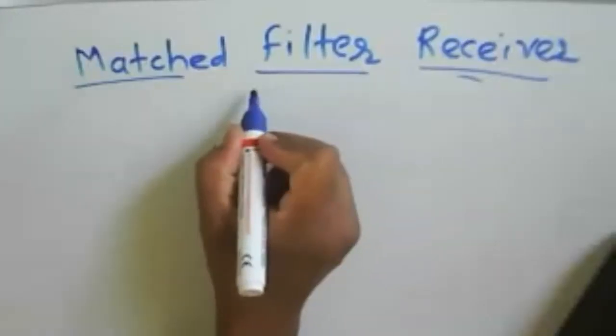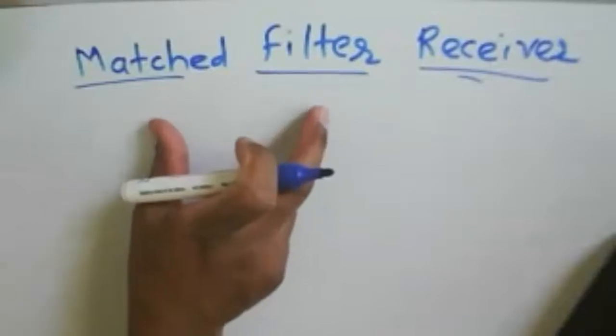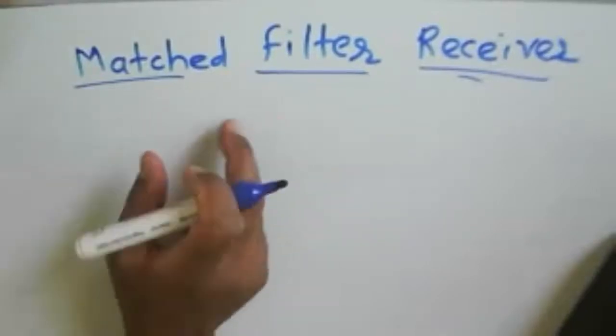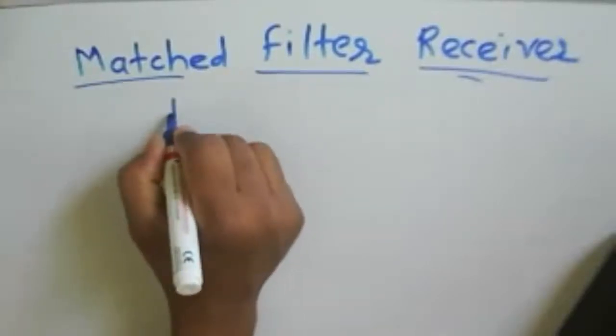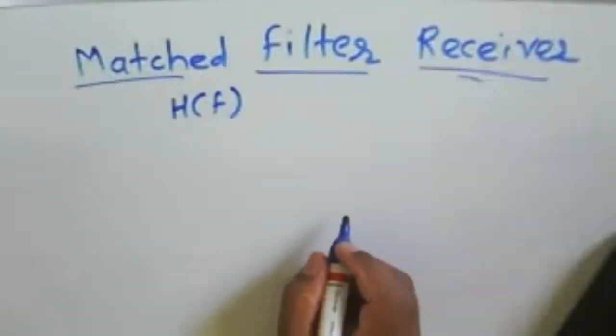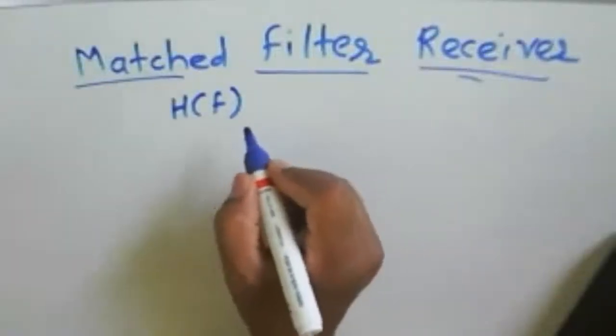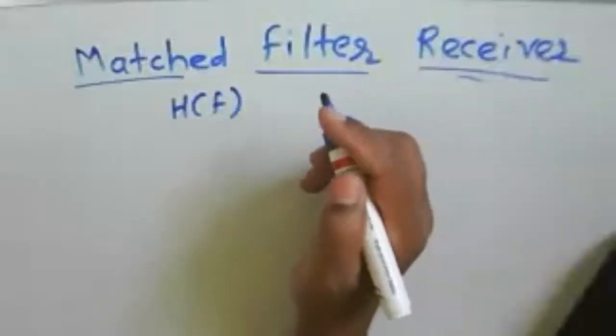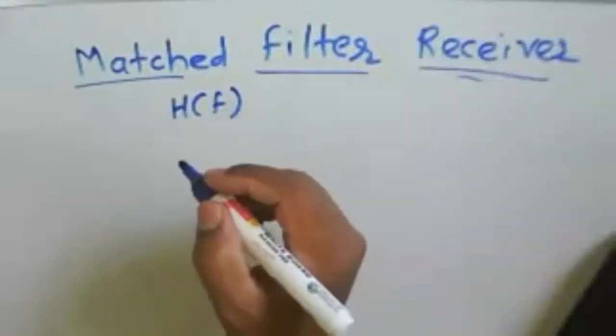Now, what type of matched filter function do we use here? Generally, a frequency response function we can define in terms of H of f here, and that function has some amplitude as well as a phase.